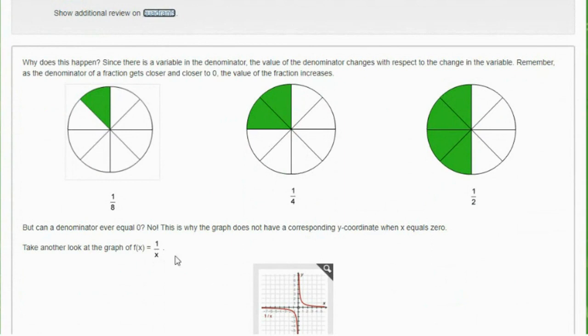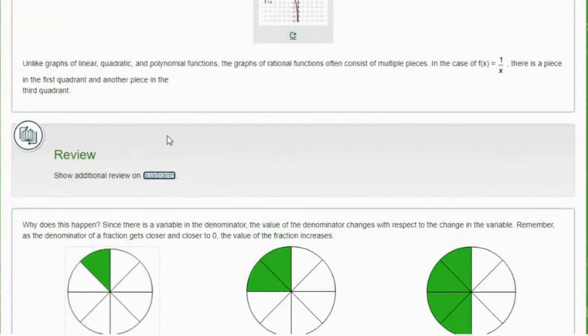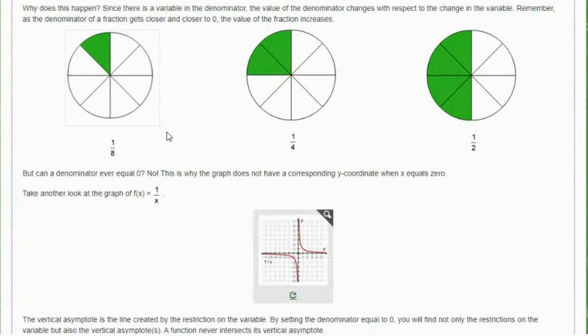All right. It says, why does this happen? Talk about the different pieces. There's a variable in the denominator, 1 over x. The value of the denominator changes as the variable changes, right?